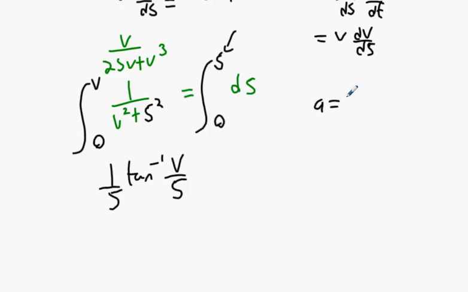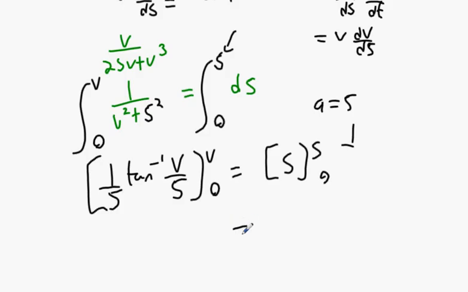A is 5, so it's 1 over 5 tan inverse v over 5 from v to 0, and then it's equal to s from s to 0. That's s is equal to 1 over 5 tan inverse v over 5.